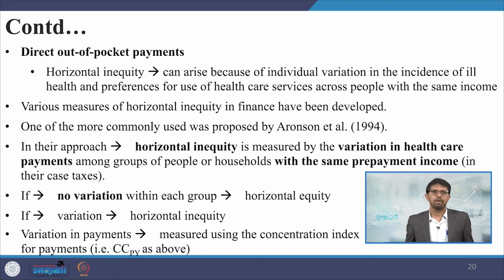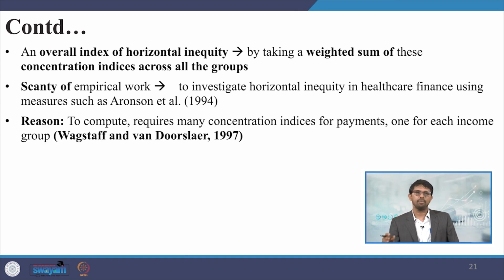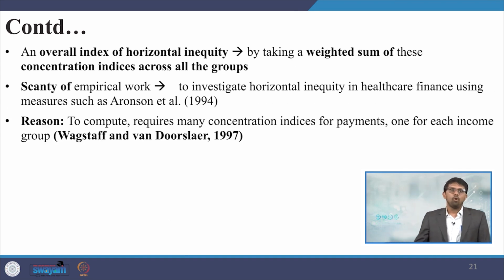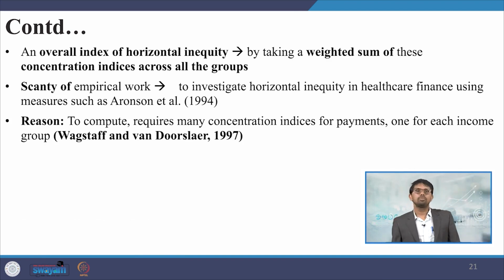Variation in payments is measured using the concentration index for payments, which we have already mentioned through the Kakwani index, that is the CCPY in the diagram. An overall index of horizontal inequity is obtained by taking a weighted sum of these concentration indices across all groups.